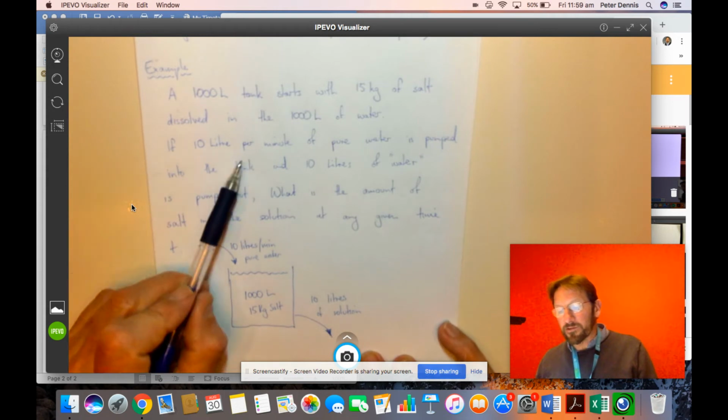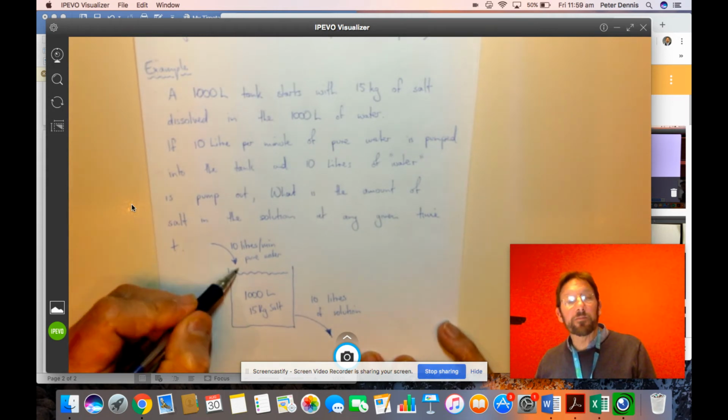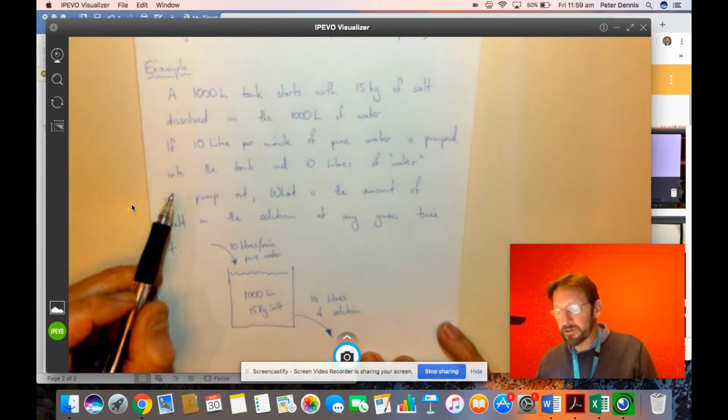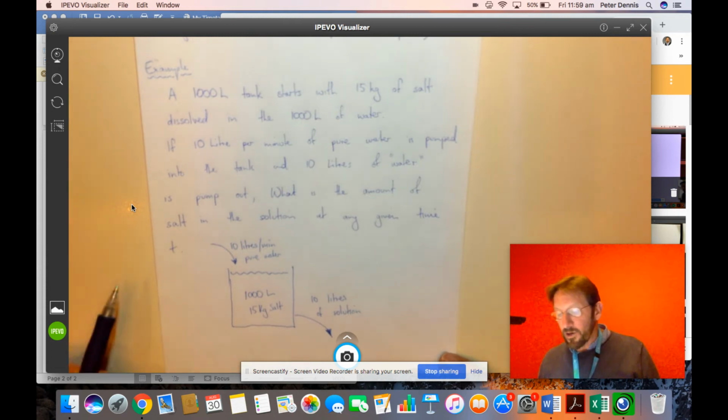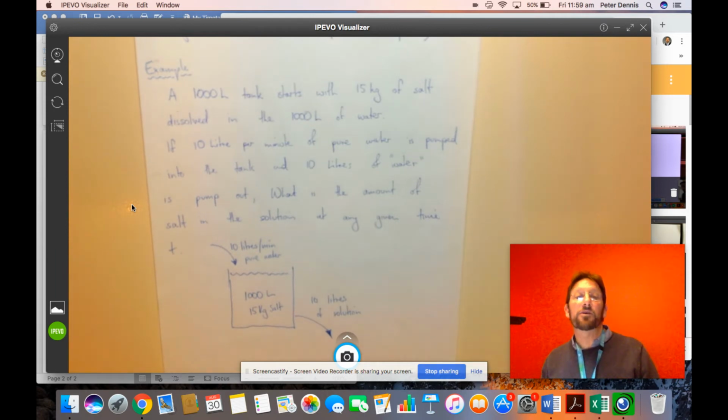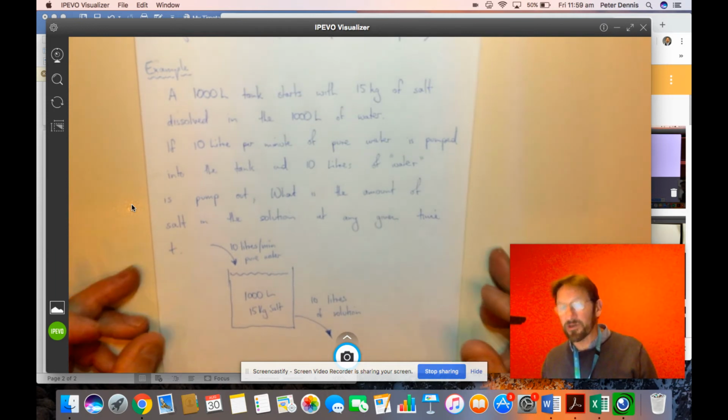If 10 litres per minute of pure water is getting pumped in to the tank, and 10 litres of the solution, a well-mixed solution, is going out of the tank, what we want to come up with is a formula for the amount of salt in the tank at any given time.